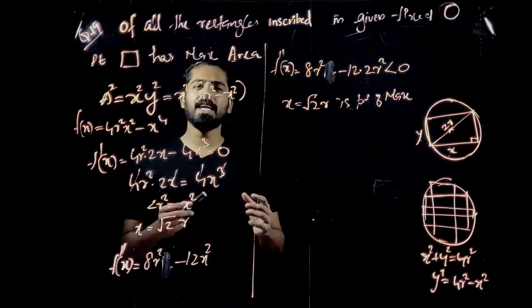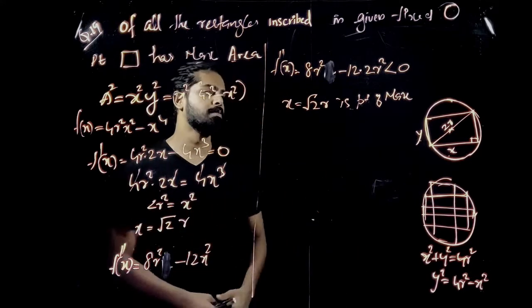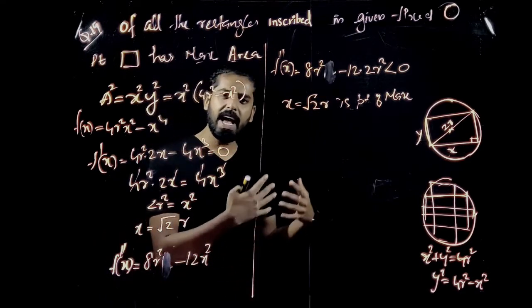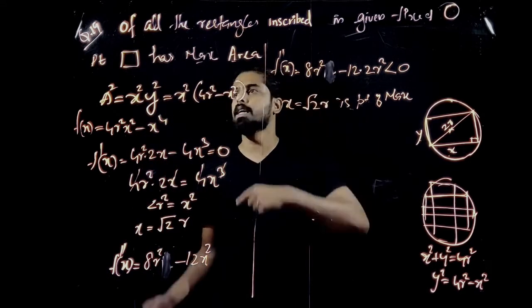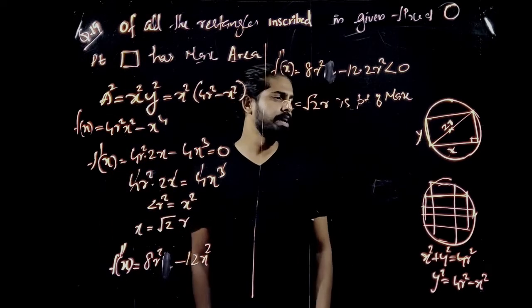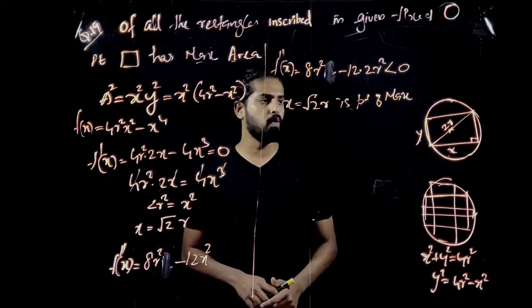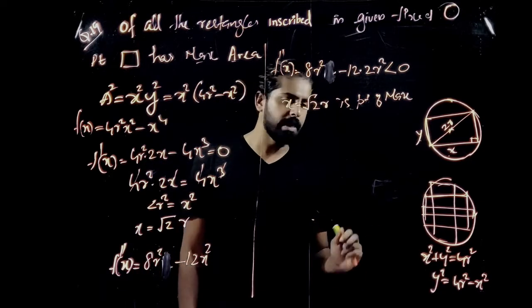So it means that the area is maximum when the length is equal to root 2r. But what we have to prove is that the rectangle is a square. For that we need to prove length and breadth both are equal, x is equal to y. Let's check what is the value of y. We have written here y square equal to 4r square minus x square.